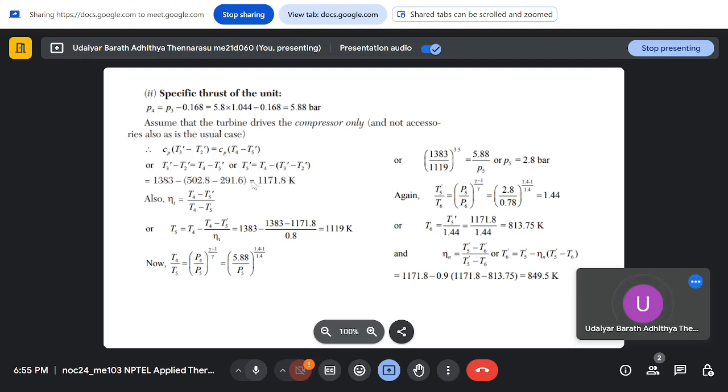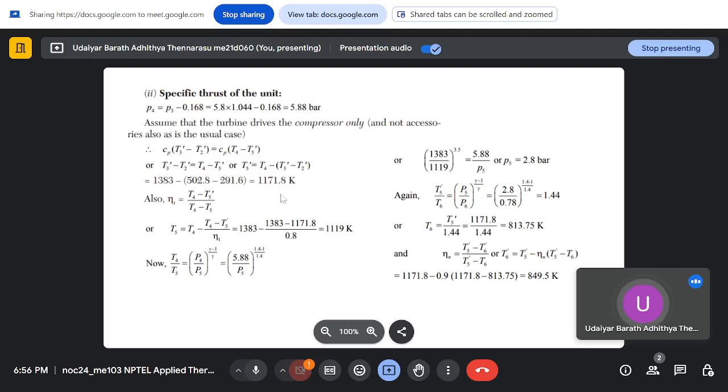So T4, I need to find out. T5 dash is the actual temperature at the exit. So if it was an isentropic process, then I would get T5. So this is actual. I need to find out isentropic, so that I can get it from the turbine efficiency.